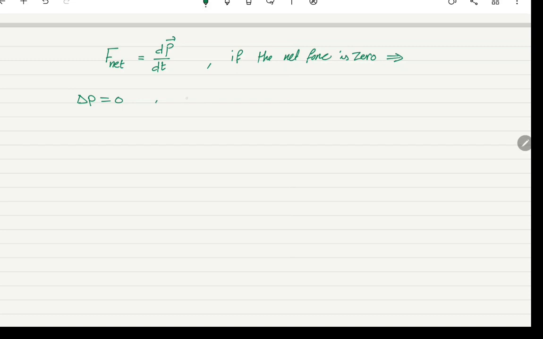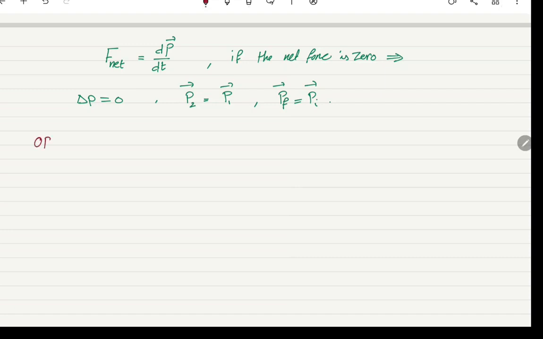In other words, P2 equals P1, and more generally, P final equals P initial. So the linear momentum of the particle is conserved. And this is a very important conclusion.